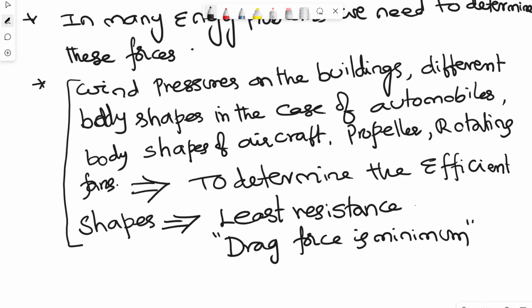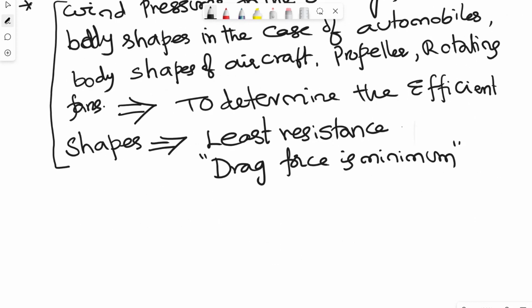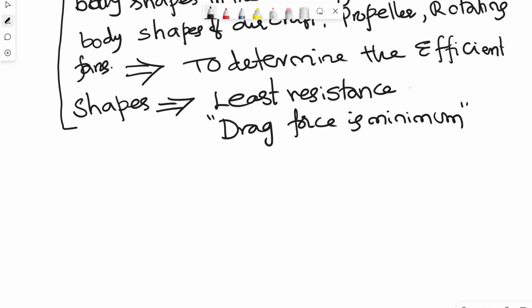In every application, in order to reduce the resistance, we do this in the analysis of these problems, whether the object moves through a stationary fluid or the object is stationary in a moving fluid.